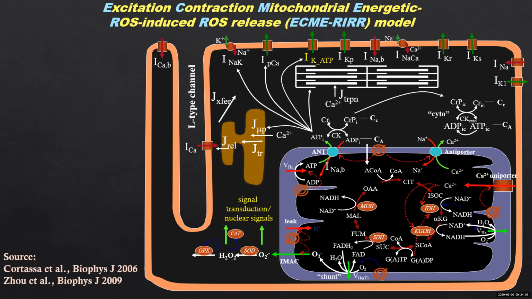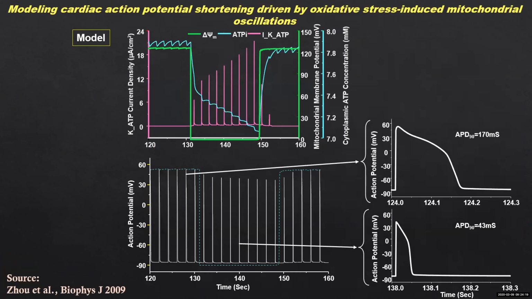It was further upgraded to be able to simulate the shortening of the action potential driven by mitochondrial loss of the membrane potential. This version of the model was able to simulate the shortening of the action potential when mitochondria lose their membrane potential, through the mechanism leading to the opening of plasma membrane channels, ATP-dependent potassium channels, or so-called sarcolemmal KATP channels.